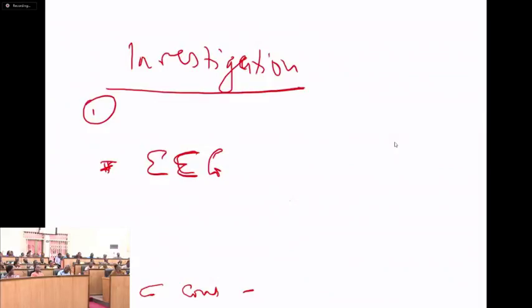MRI. Okay, I'll put MRI here, but it is still not number one. CT scan? History. I'll put CT scan. Patient history.